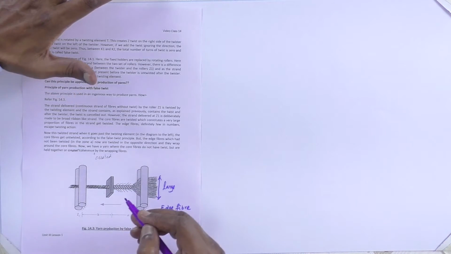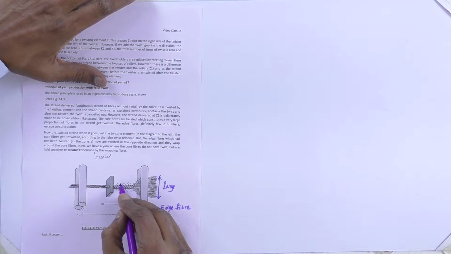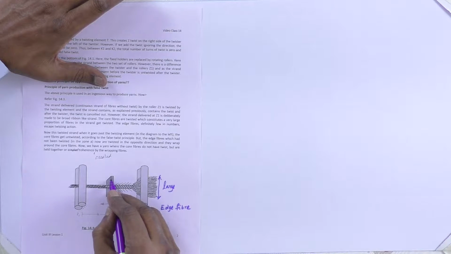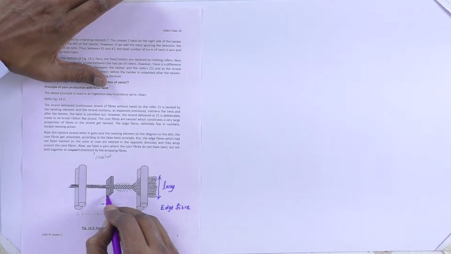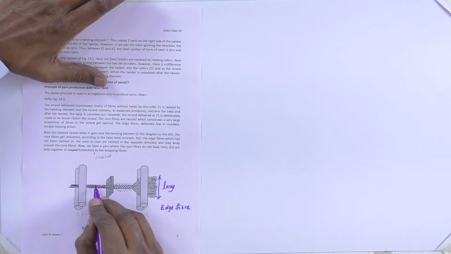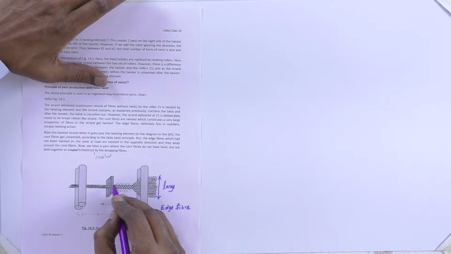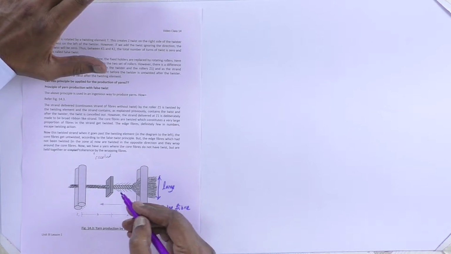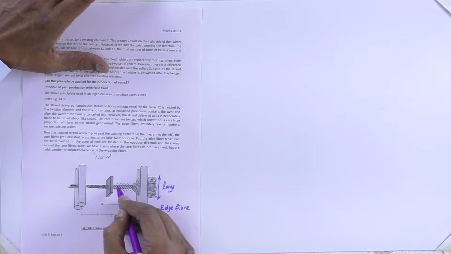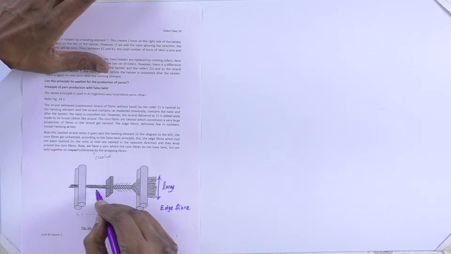That is the important critical point. The edge fibers don't have twist here, but after passing through this twist imparting element, when the core fibers are untwisted and become parallel to each other as we see here, these edge fibers become twisted, because along with the fibers, these fibers get twisted in the same direction.